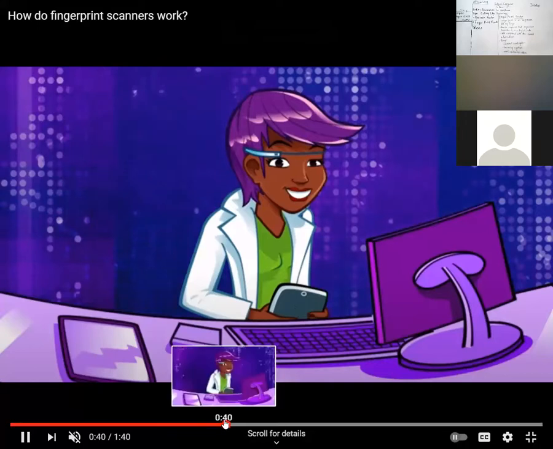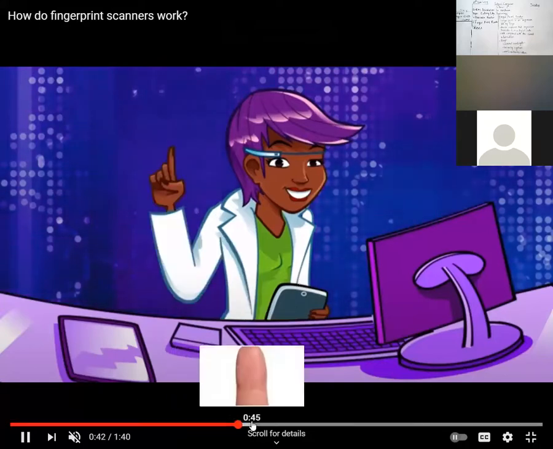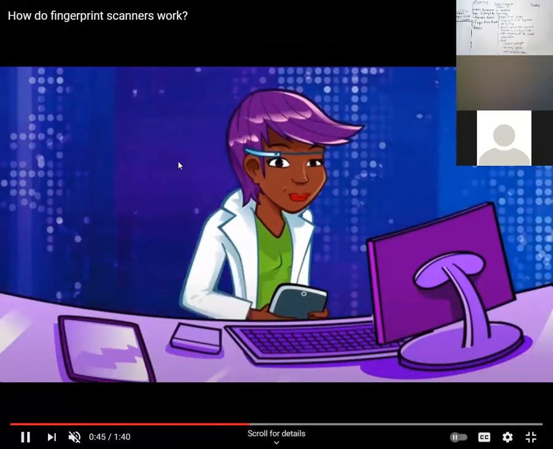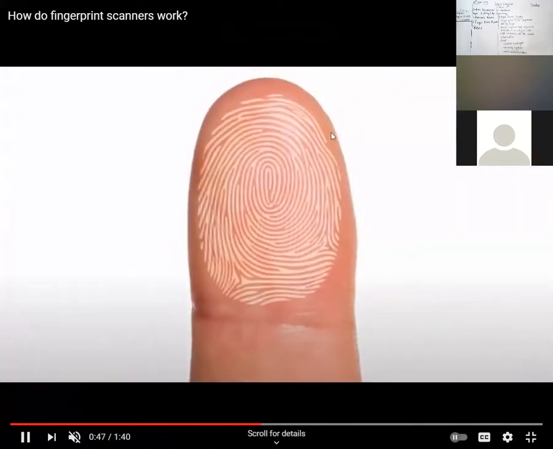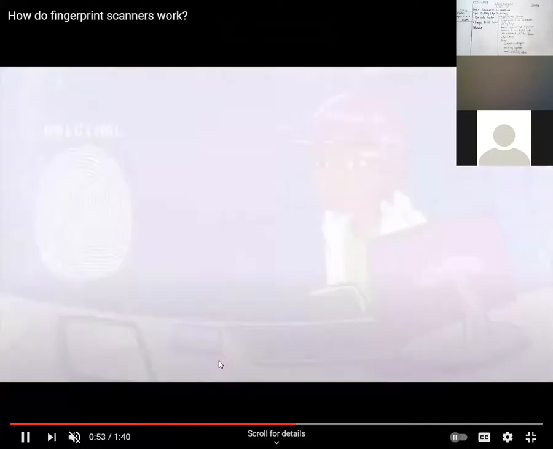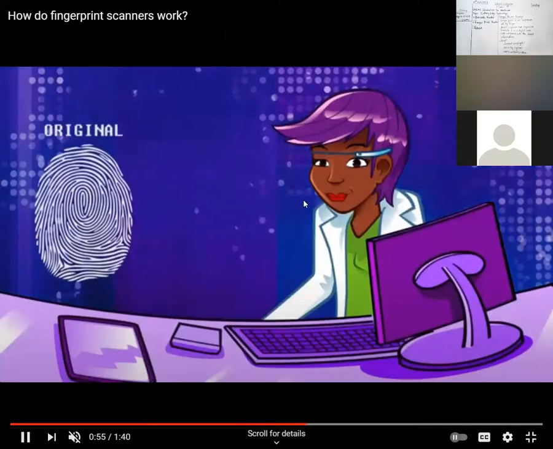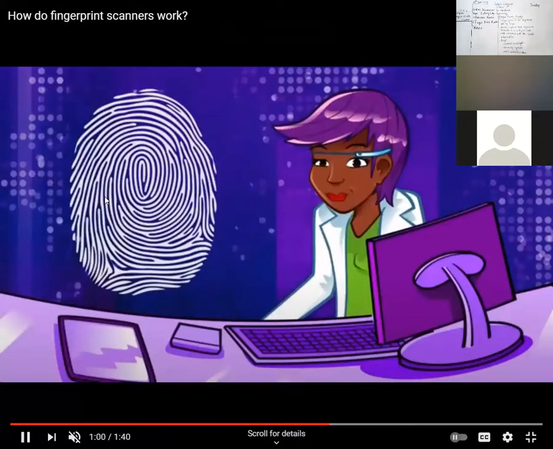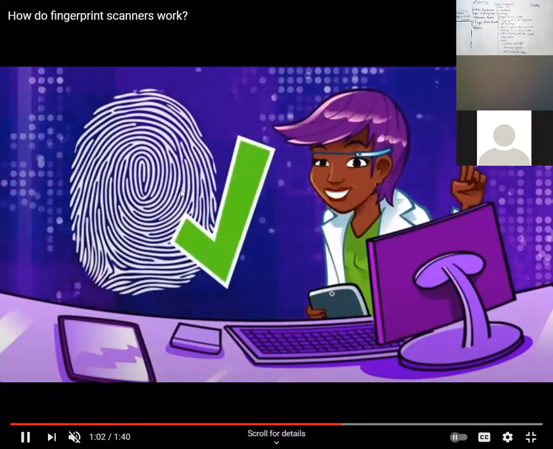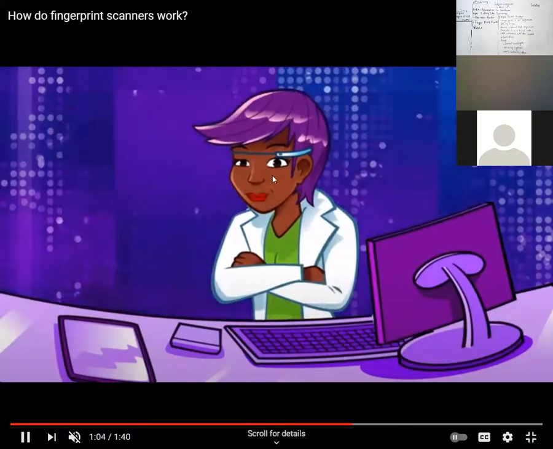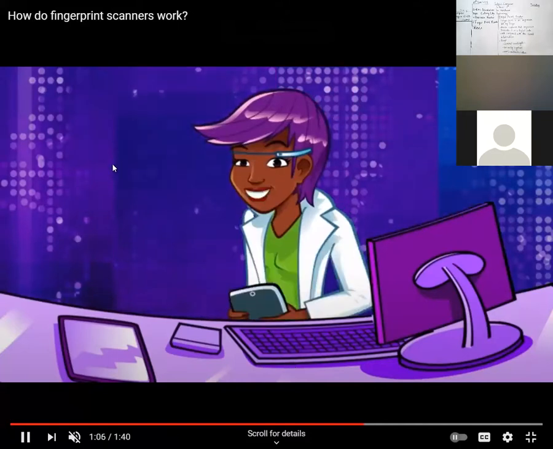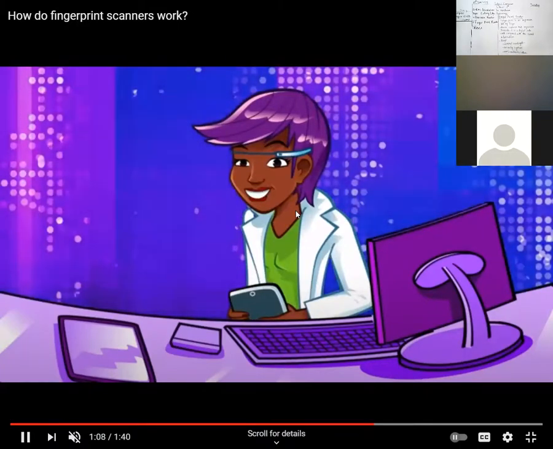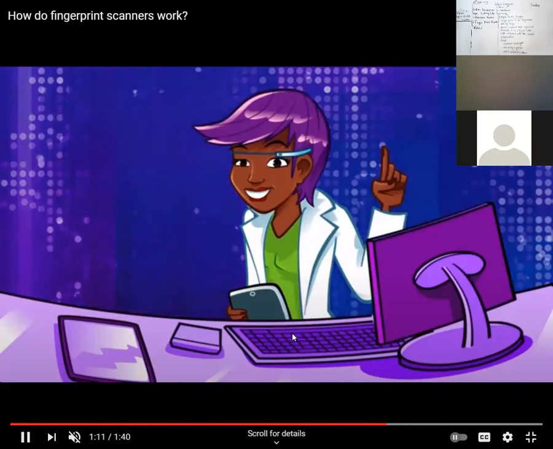What will she do? She will use the fingerprint scanner, meaning her thumb impression. It is matched with the original thumb impression stored in the computer, and if it is correct, then she can use the computer. So it is matched. Now she is going to use this computer.